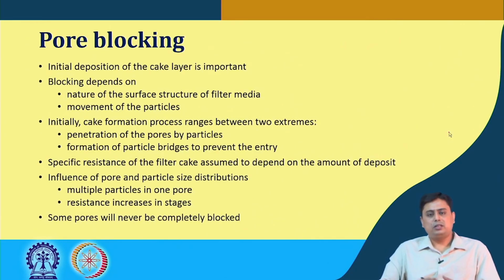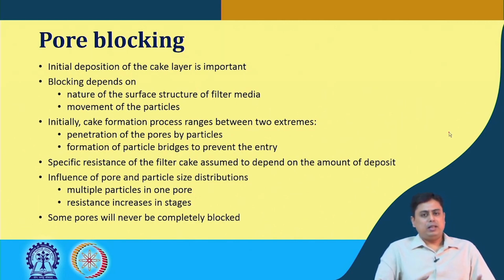Now, we have mentioned this, but let us take a deeper look into this. When this initial deposition happens, the initial formation of this cake layer is an important phenomenon, because it then dictates how the filtration rate will be.